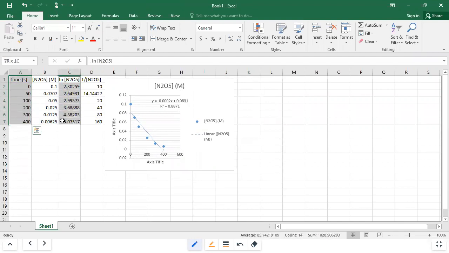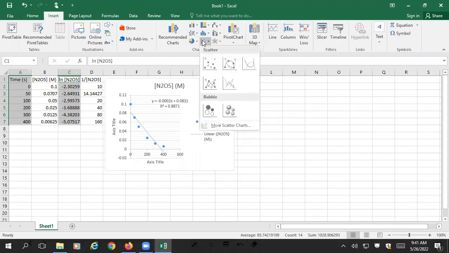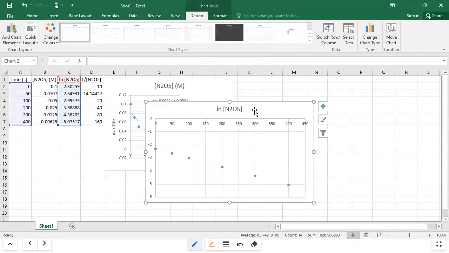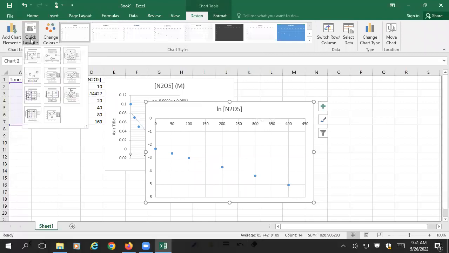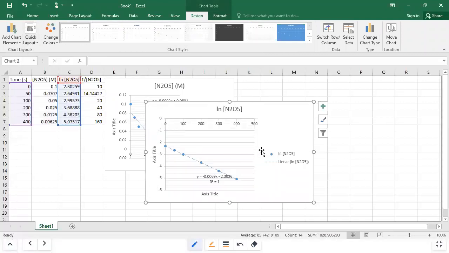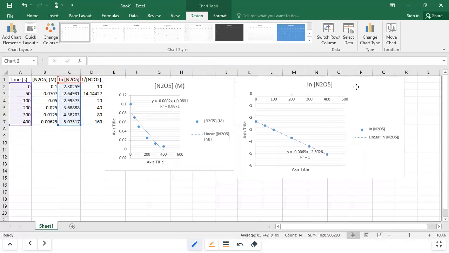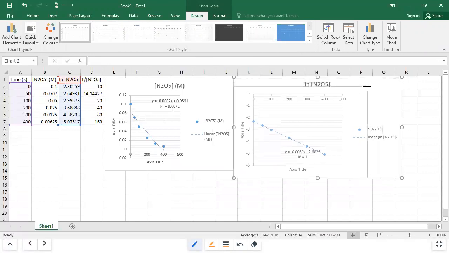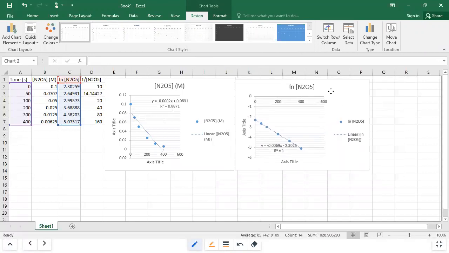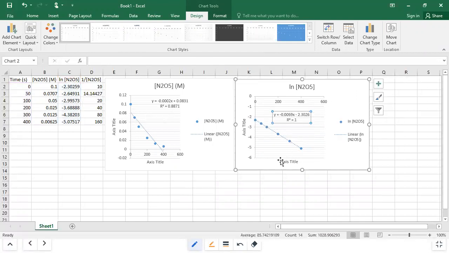If I control click and drag, I can highlight these 2 columns, do the same thing, insert scatter plot. And then with my quick layouts, layout number 9. This is showing a perfectly linear plot. So chances are pretty good that it is first order.